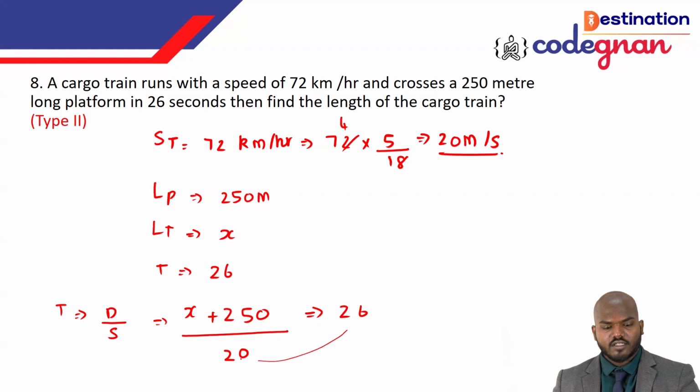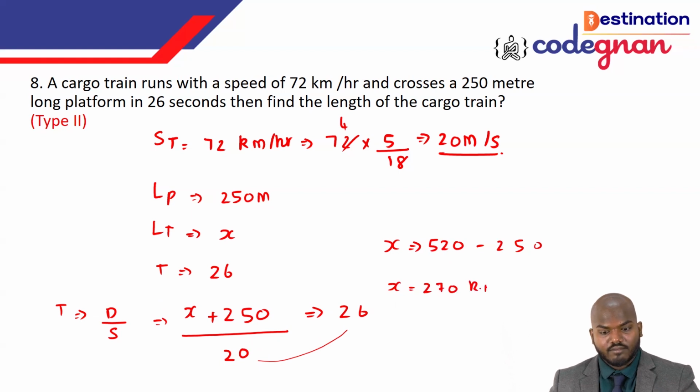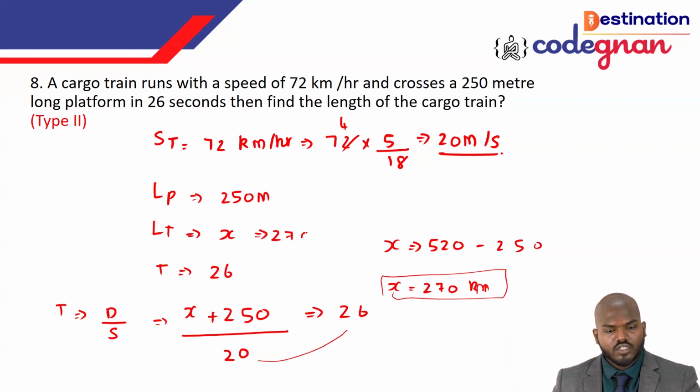Taking the value to this side, 26 times 20 is 520. Then x is equal to 520 minus 250, so x is 270 kilometer, sorry, meter. Sorry, guys, 270 meters. The length of the train is 270 meters, which is the correct answer in this question.